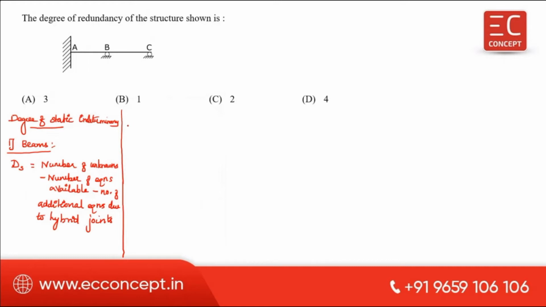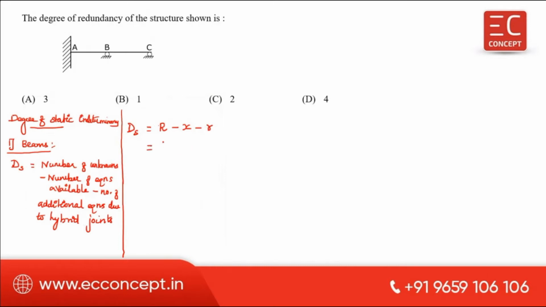So we can write this ds is equal to number of unknowns. Let us take number of unknowns equal to capital R. Number of equations available, generally 3, we can take it as x. Number of additional equation is small r.